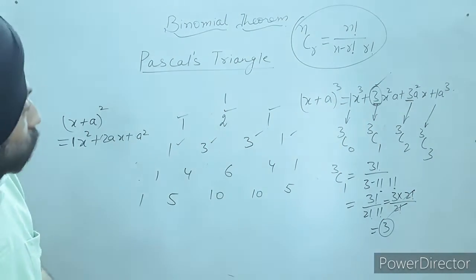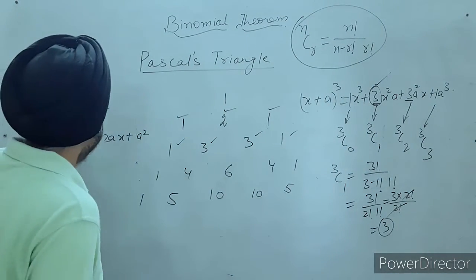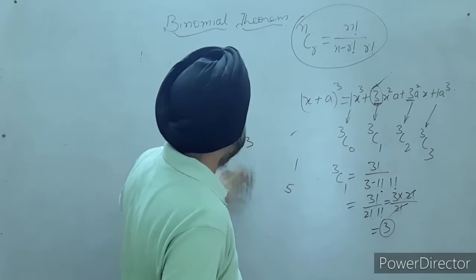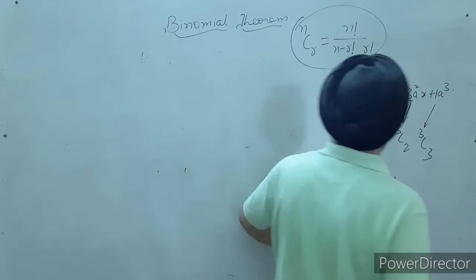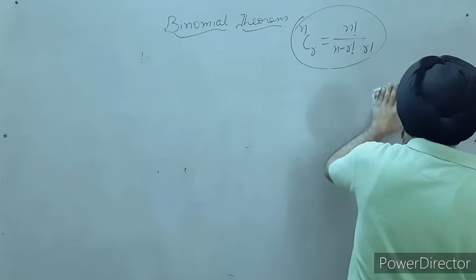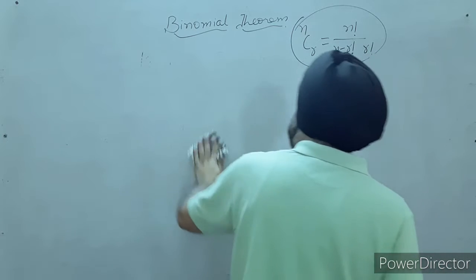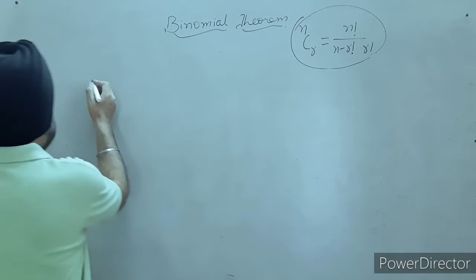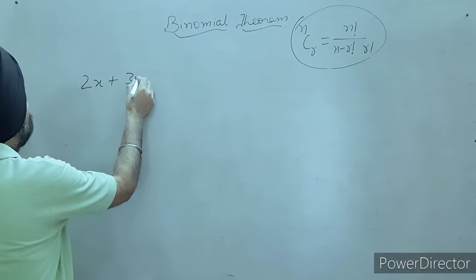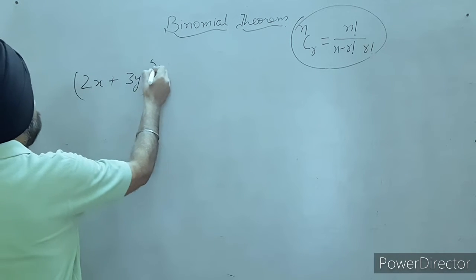Now I will give you an example. We will solve, expand. Say I will expand using the binomial theorem an algebraic expression like this. Say I have 2x plus 3y raised to power 5.